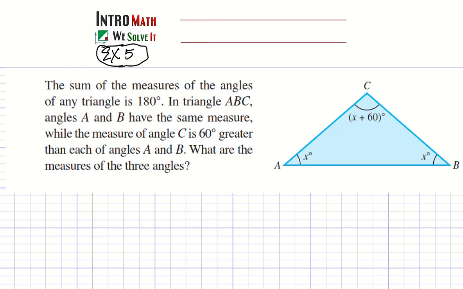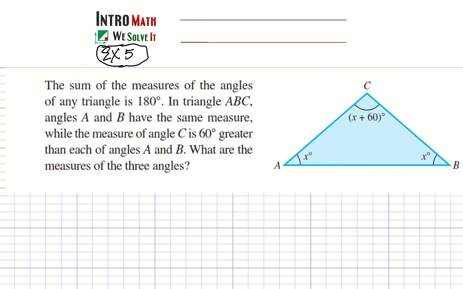So this is what they call an isosceles triangle, when you have two angles equal. If two angles are equal, then the two sides opposite are equal too. AC and BC are equal.